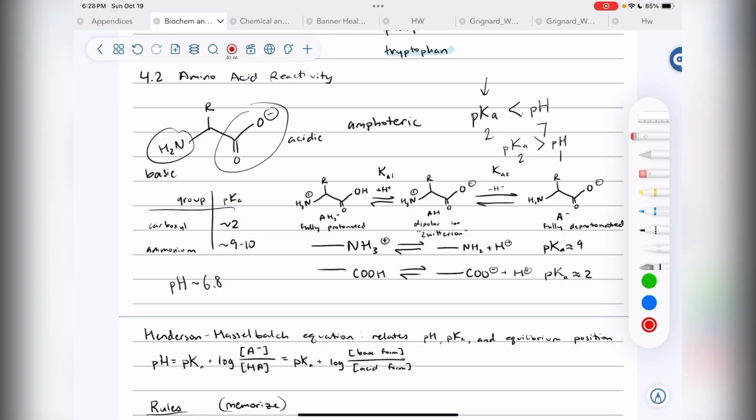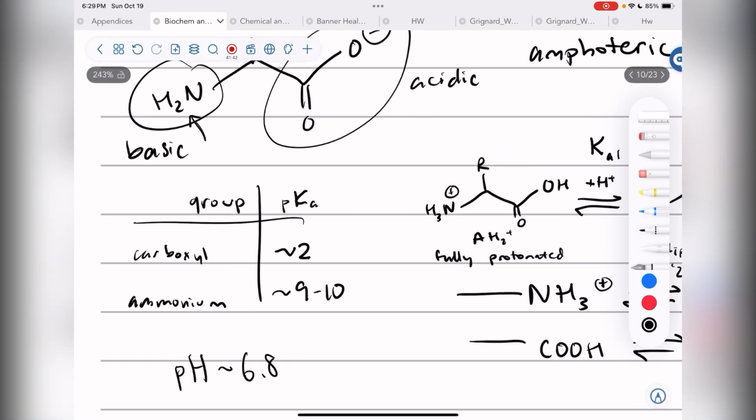Let me see, is that right? Okay, so I've just learned that when the pH is lower than the pKa of ammonium, then the ammonium is going to be in its protonated form, and this is actually its deprotonated form.